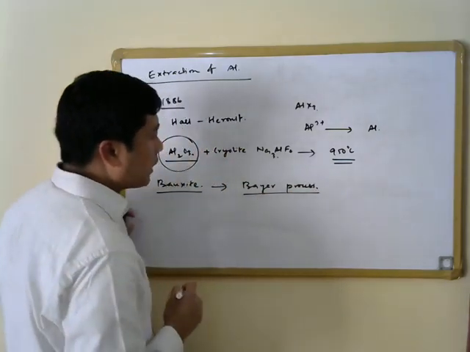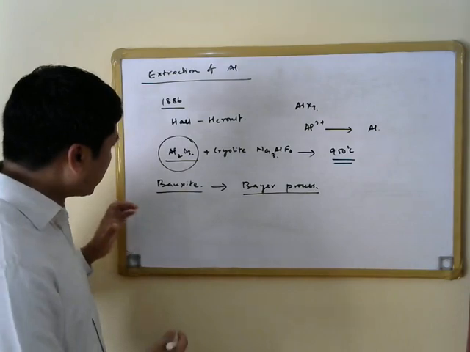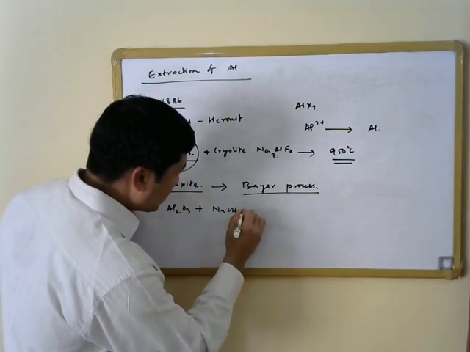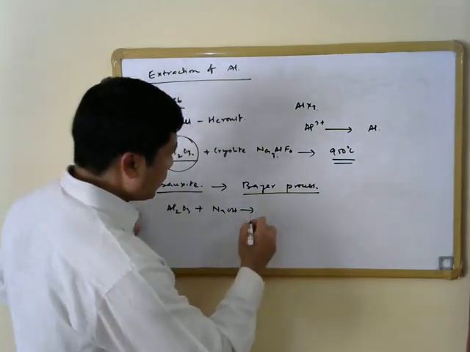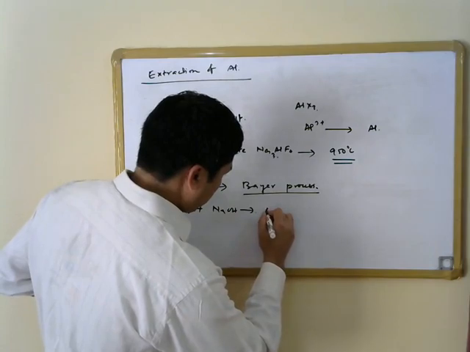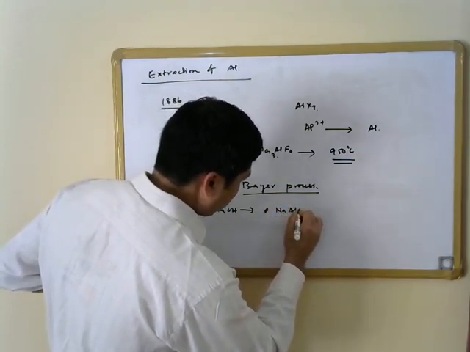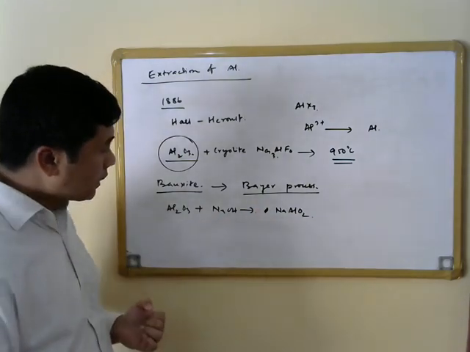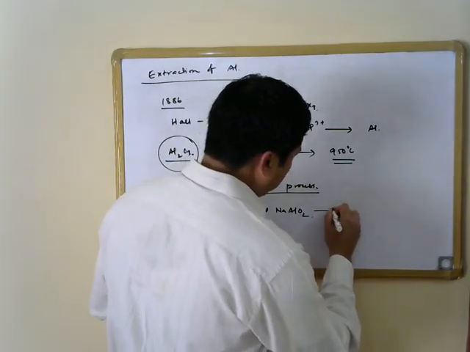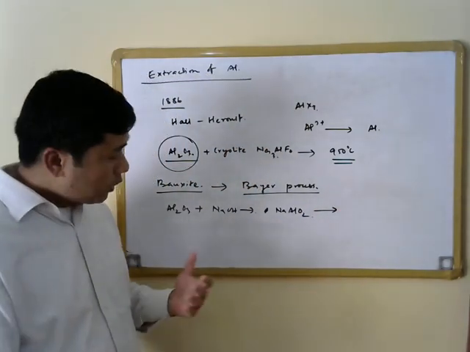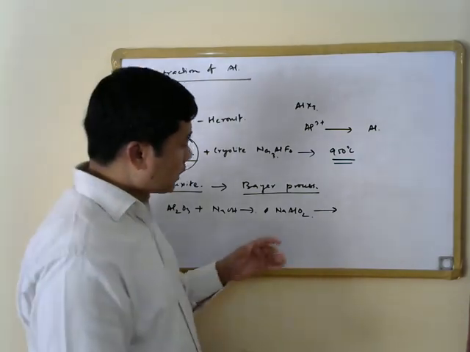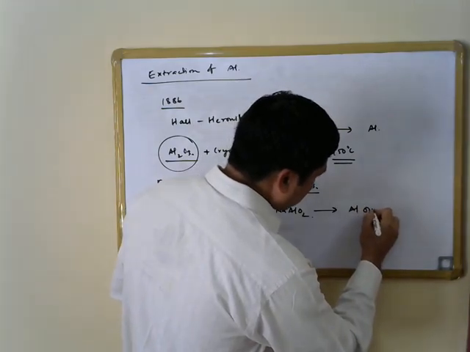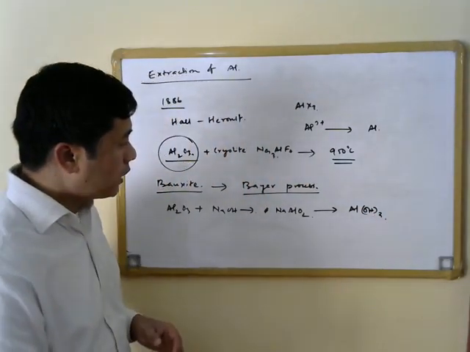So you may have already learned about the Bayer process, where one takes the Al2O3 and dissolves it in sodium hydroxide to make sodium aluminate, which is soluble in this caustic soda, essentially NaOH, and then it is separated from the insoluble impurities, and then one decreases the pH so that aluminium gets precipitated as Al(OH)3.